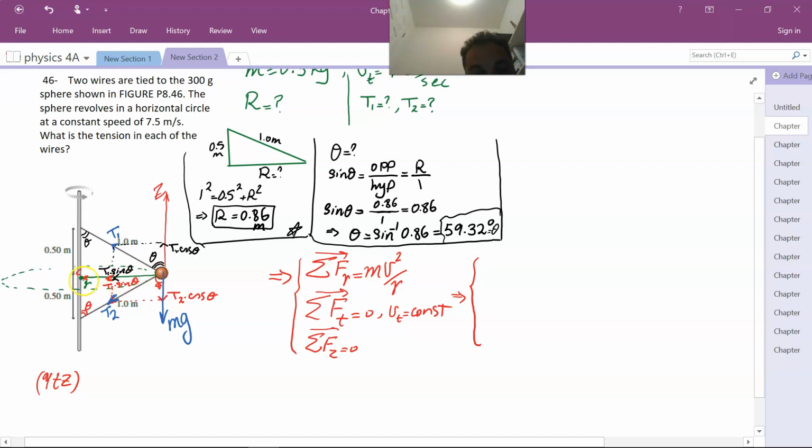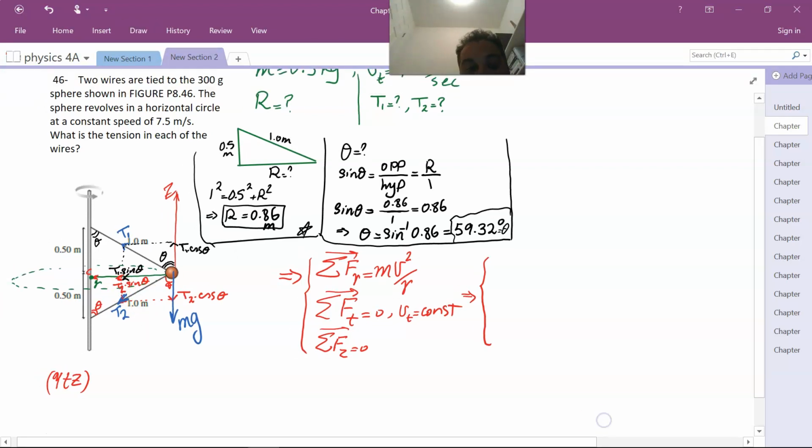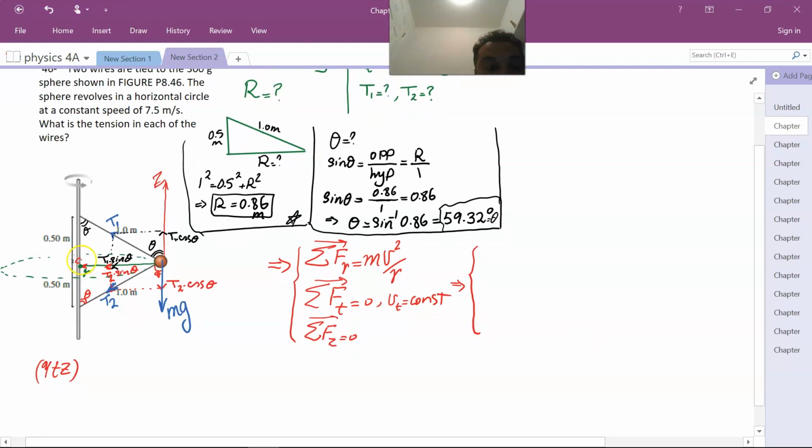So on the radial axis, sigma Fr means the total forces on the radial axis. It's only two: T1 sine theta and T2 sine theta. Both are toward the center. Toward the center is the positive direction.